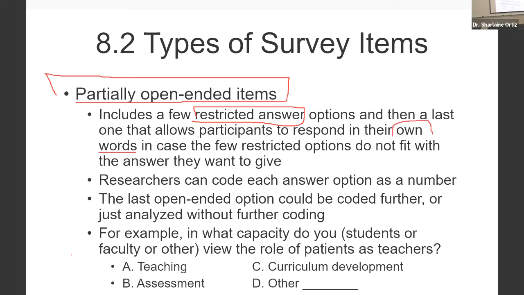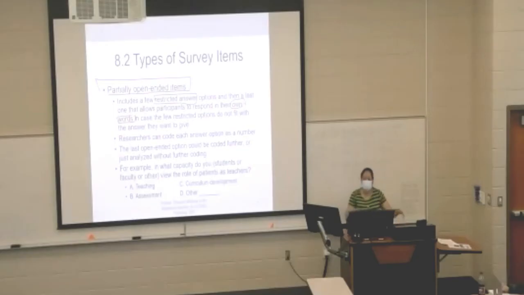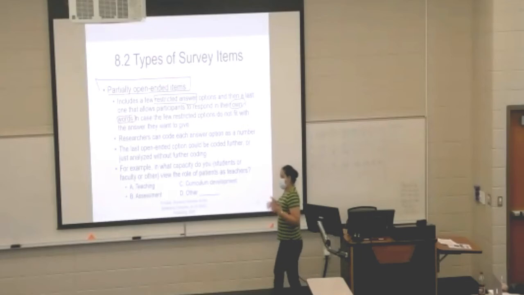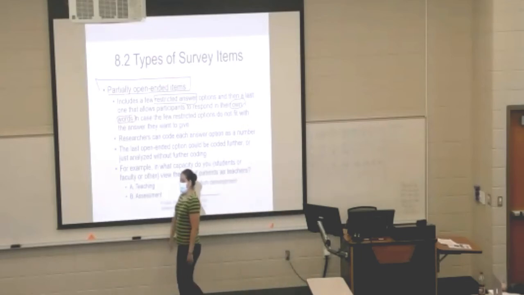So notice that one was restricted. For one, I am giving you the answer, whereas for the second one, now you have the ability of explaining. So let's keep with that example. When I see crying children, it makes me upset.